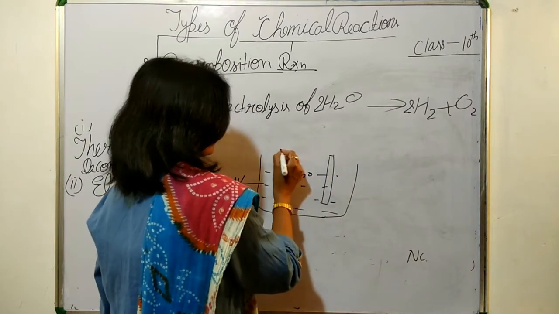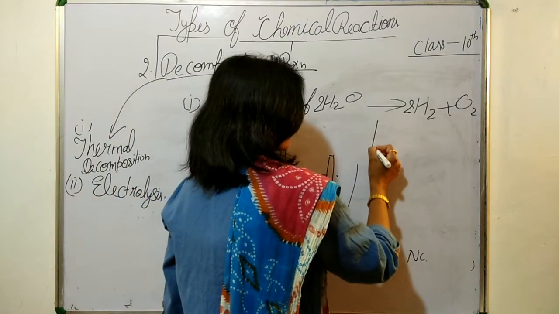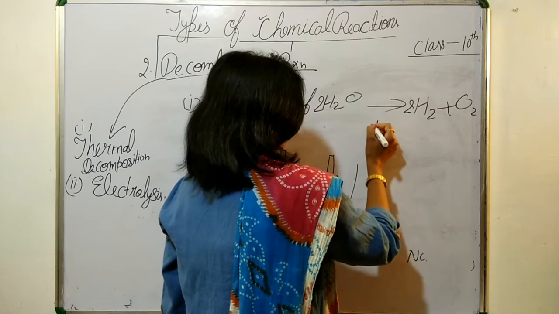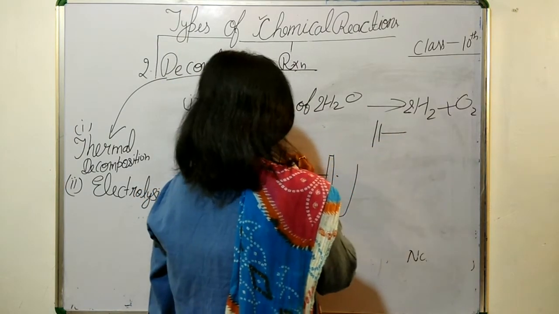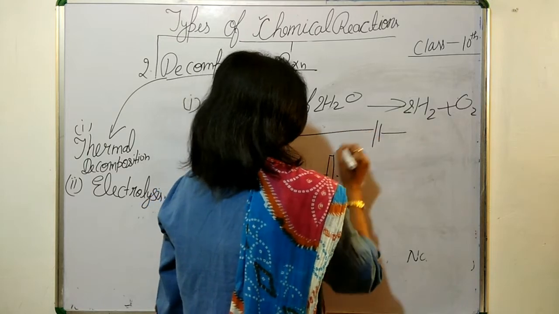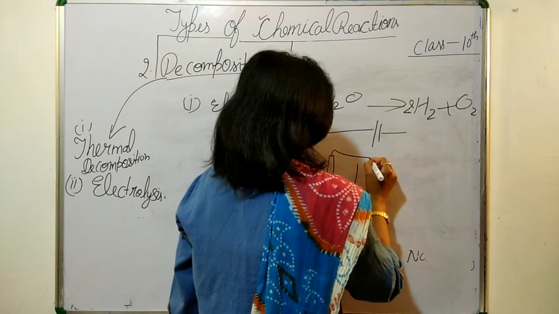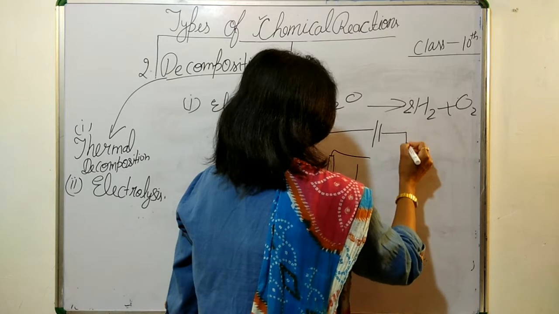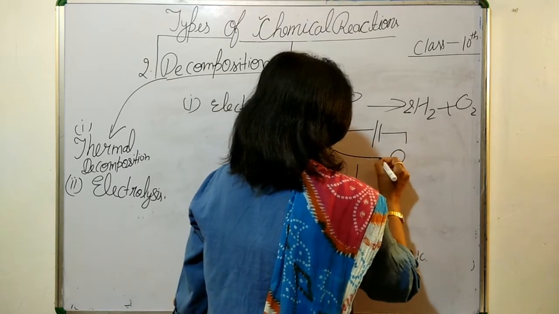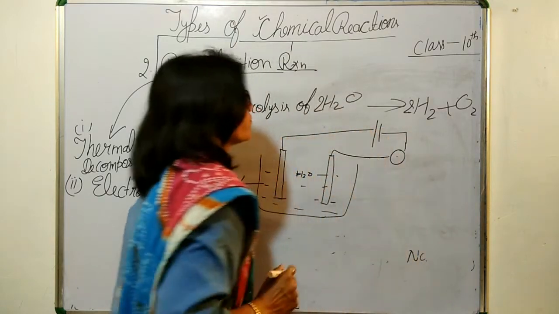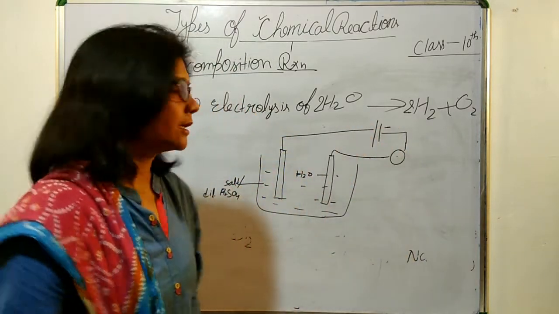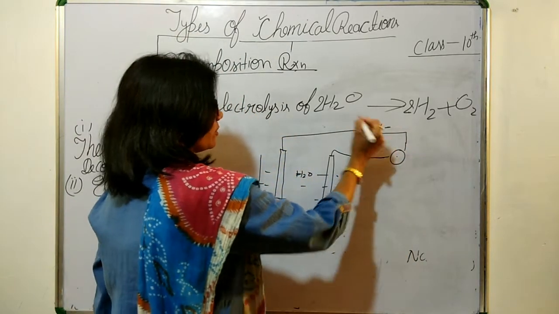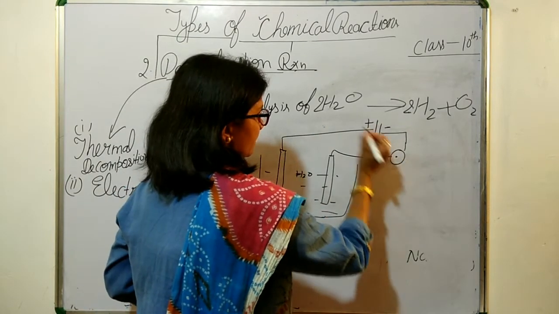These are graphite rods. This is your battery, approximately 6 volts. There is a switch. This is your negative, and then this is your positive.